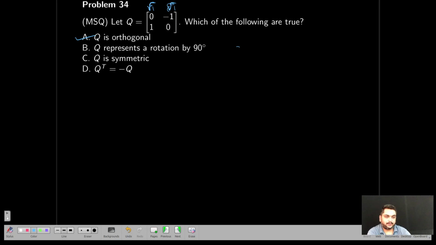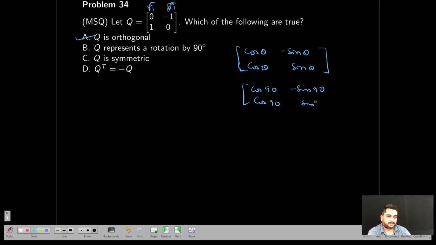Q represents a rotation by 90 degrees. So how will you find? I told you this matrix, cos theta, minus sin theta, then sin theta, cos theta gives the rotation matrix. So if it is by 90 degrees, you put cos 90, minus sin 90, sin 90, cos 90.